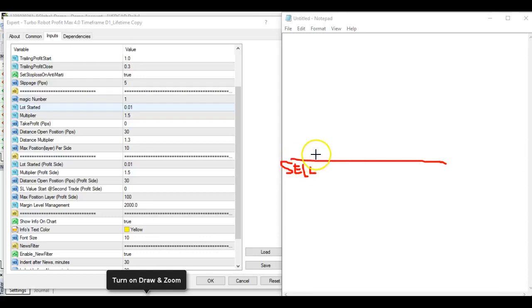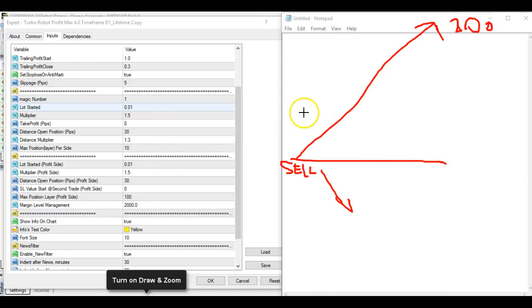Let's say you are losing: instead of the market going down, it is going up, and it can keep going up like this, maybe about 100 pips further, or 200 pips.